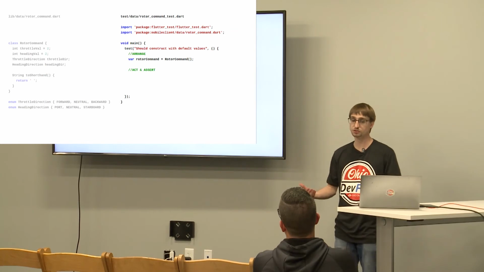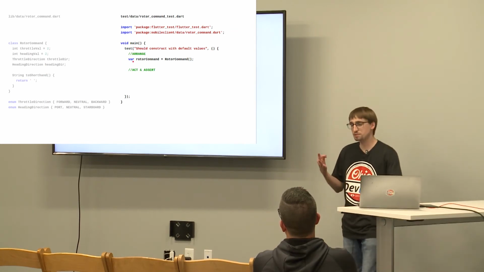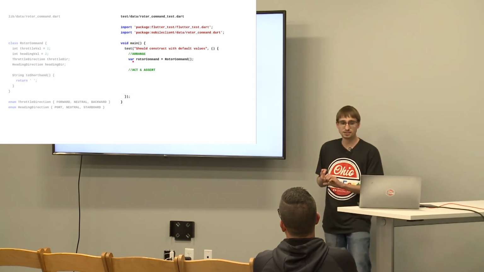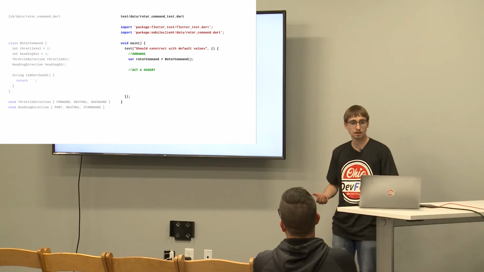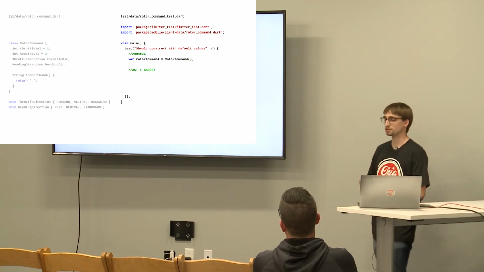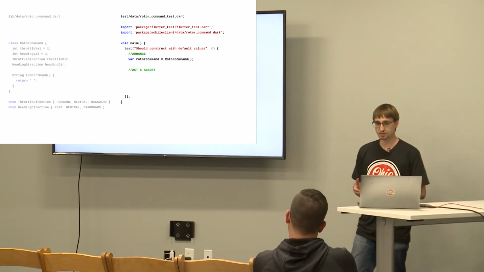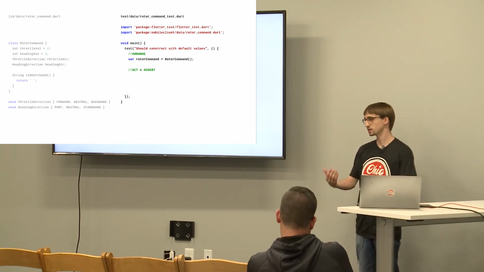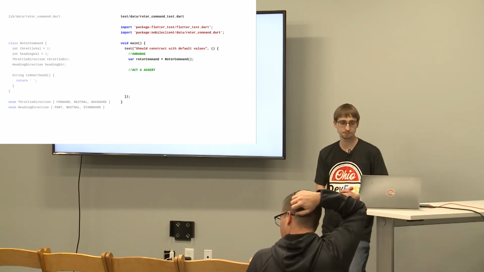So we should construct this object with default values. Our 3 major steps for each unit test are an arrange step, which is setting up our preconditions, an act step, which is actually performing some sort of action, calling the method that you're actually going to be testing, and then the assertions at the end, which say, hey, this thing is actually equal to what it's supposed to be.